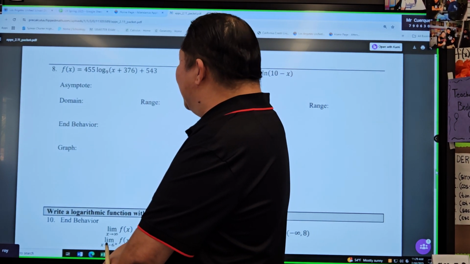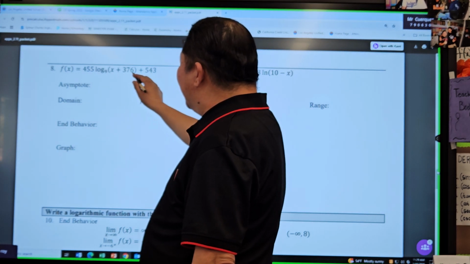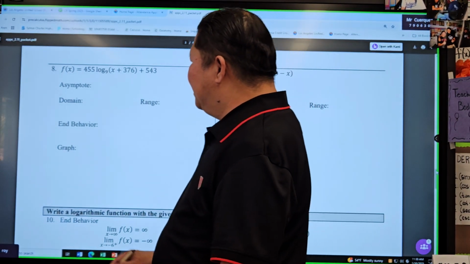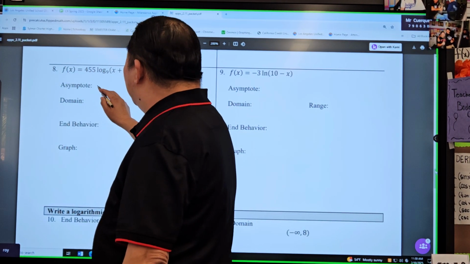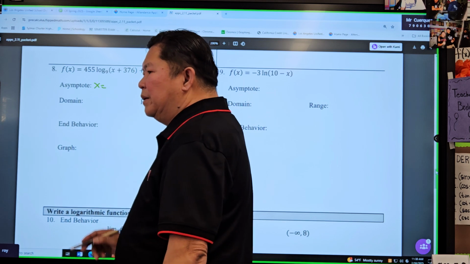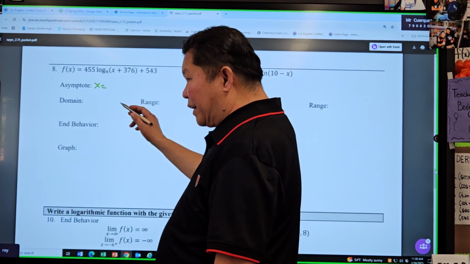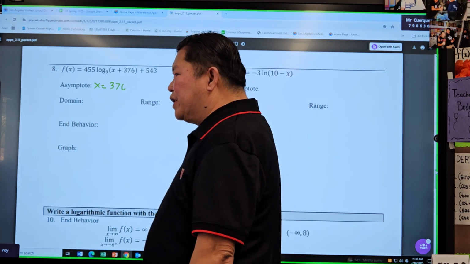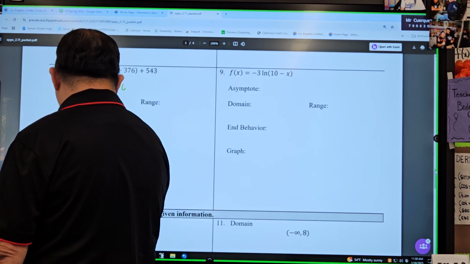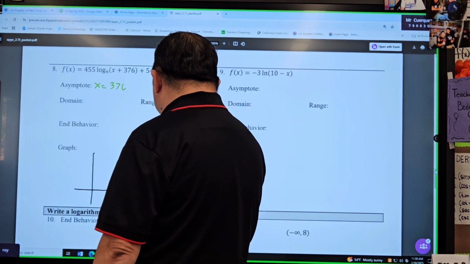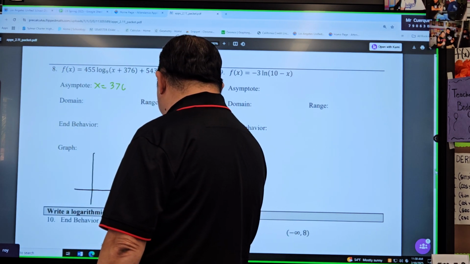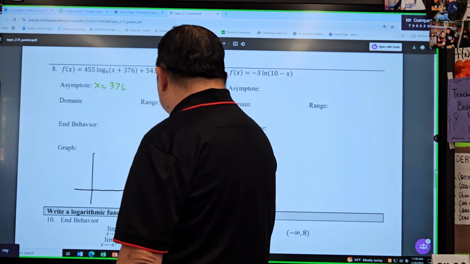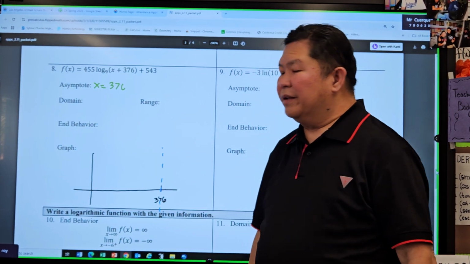Okay, so let's take a look at x plus 376. What is our asymptote? Asymptote x is equal to 376. If we sketch the graph, so from here, let's say 376, this is our vertical asymptote, right?